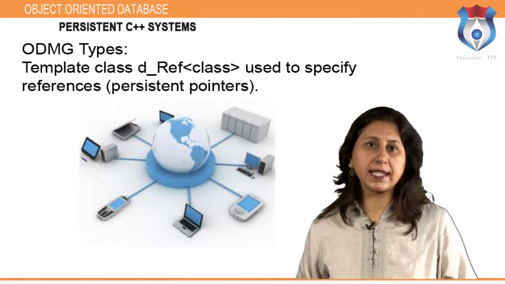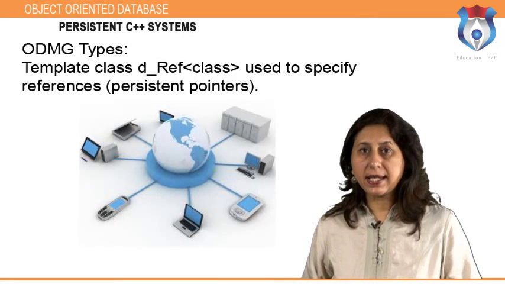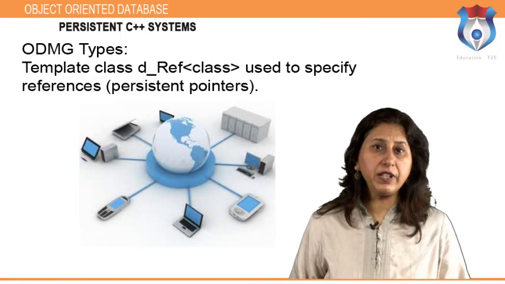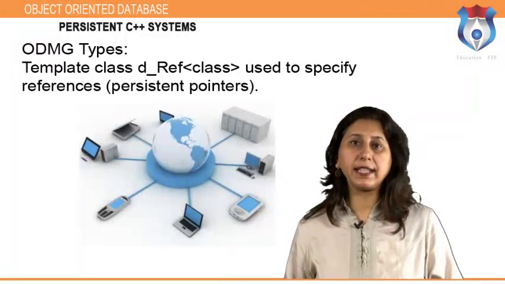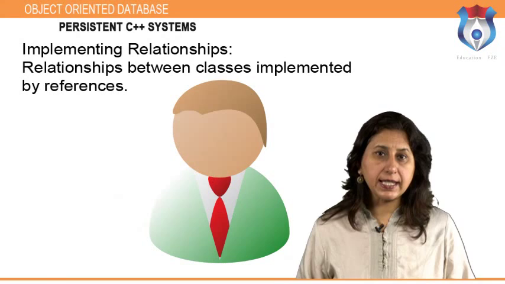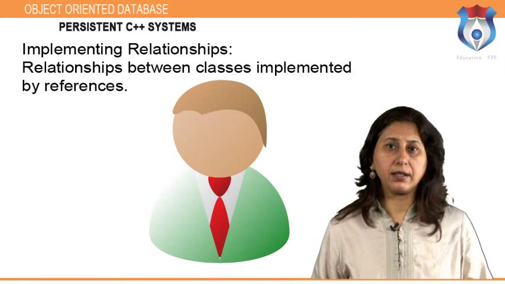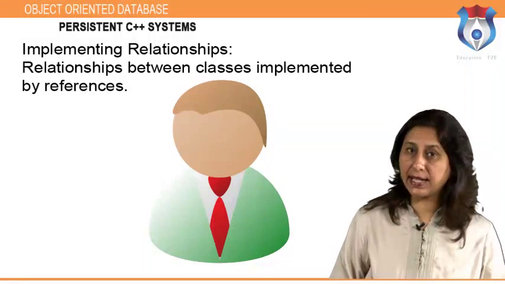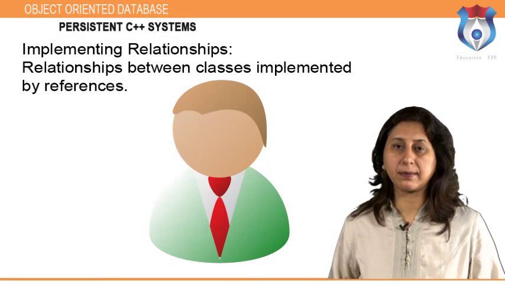Other collection classes such as d_Bag, a set with duplicates allowed, d_List, and d_Varray, a variable length array, are also provided. Relationships between classes are implemented by references. Special reference types enforce integrity by adding and removing inverse links.